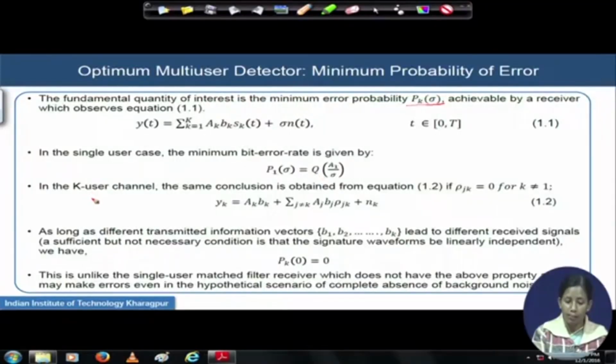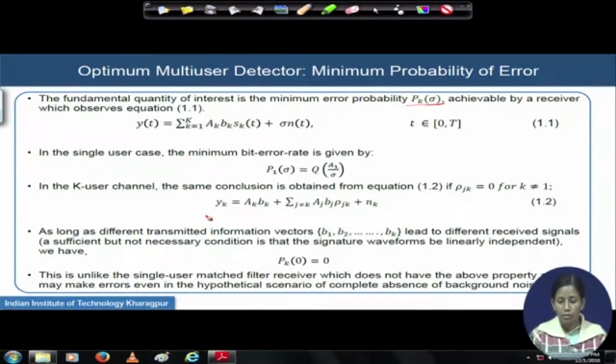If I extend it now to the K user channel, then for the kth user you will receive the interesting part of the signal related to the kth user, and also the interference from the other users and the noise associated with this kth user.